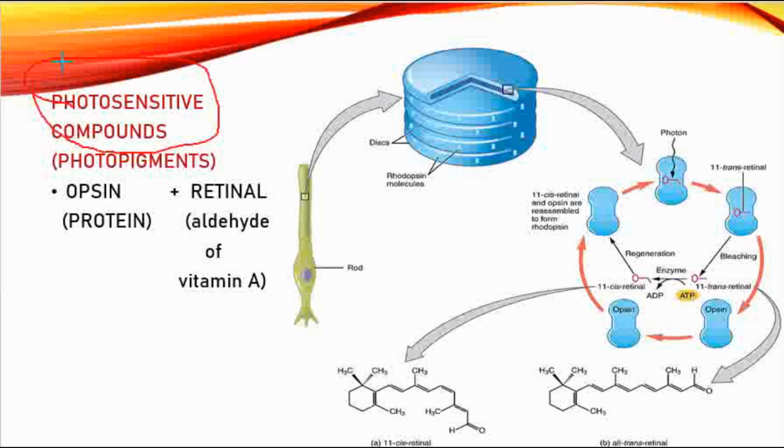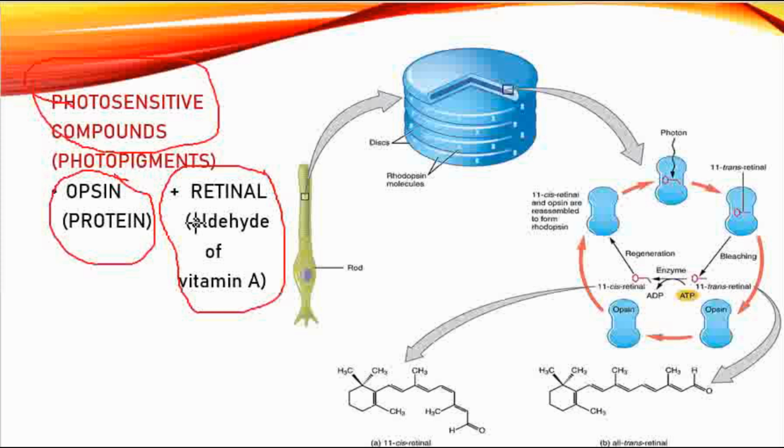It contains a derivative of vitamin A. The photosensitive compound or pigment contains opsin, which is a protein, and retinol, which is the aldehyde of vitamin A. Together they form the photopigment.